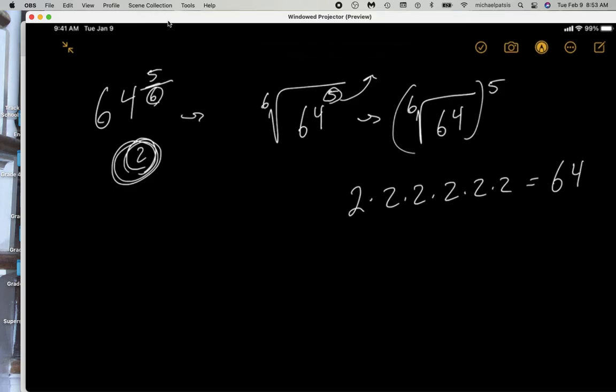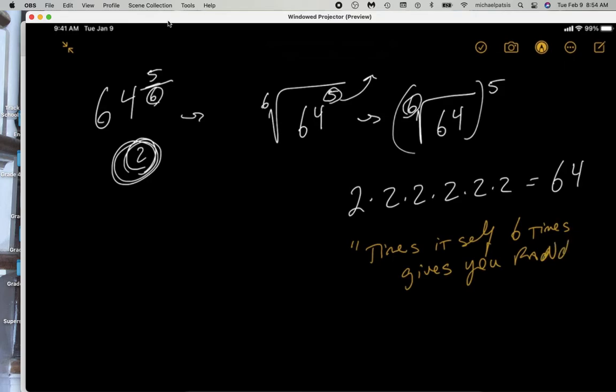So the 6th root is asking yourself, what number times itself 6 times gives you the radicand? This is the radicand. So what number multiplied by itself 6 times gives you that? And the answer is 2.